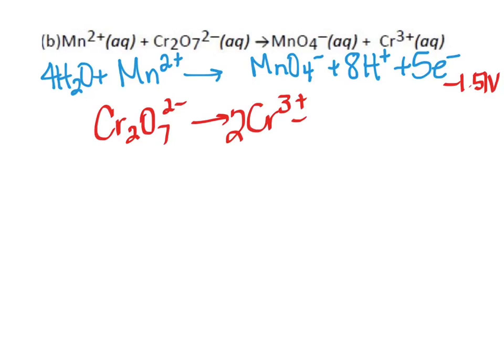Now we need to balance our oxygens, so we need 7 H2Os. And then we need to balance our hydrogen, so that means we need 14 H's over here. So I have 14, and so I have 12 plus and a 6 plus, so that means I need 6 electrons over here.